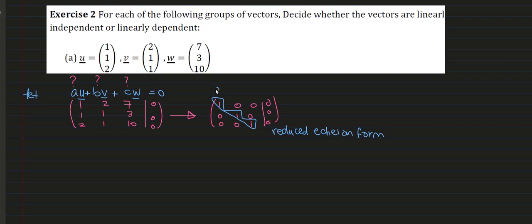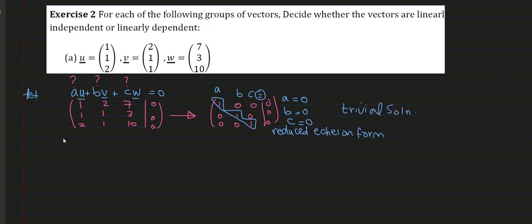Very good. So we can directly read the unknowns. The unknowns were a, b, c, and that was the equal. So from the last row, a is eliminated, b is eliminated. The last row says that c is equal to 0. The second row says that b is equal to 0. And the first row says that a is equal to 0. And hence we have the trivial solution. Right?